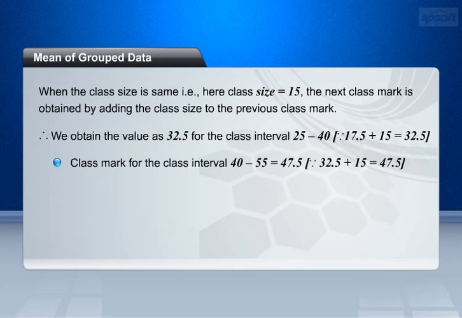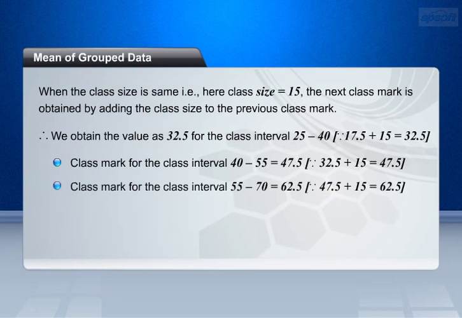Similarly, the other values are obtained by adding 15 to the previously obtained class marks. We obtain the value 47.5 for the class interval 40 to 55, since 32.5 plus 15 equals 47.5. We obtain 62.5 for the class interval 55 to 70, since 47.5 plus 15 equals 62.5.